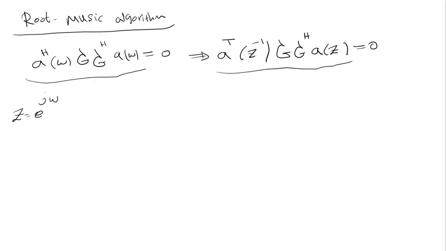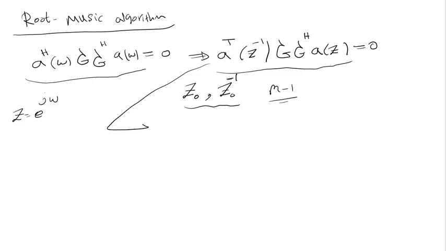I can factorize it. The roots of this polynomial come in reciprocal pairs. I mean, if z itself is a root of this polynomial, then z to the minus 1 is also a root of this polynomial. We have m minus 1 reciprocal pairs of roots.